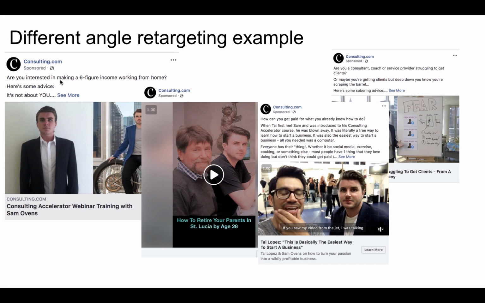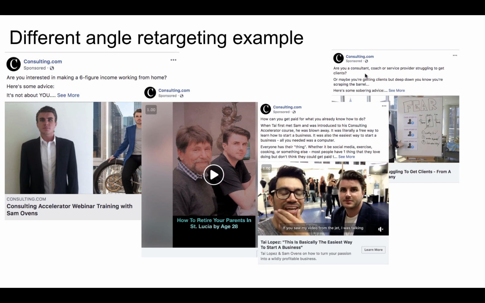Here: "Are you interested in making a 6-figure income working from home?" Some people are going to get really turned on by that, like wanting to work from home. That might appeal to a lot of people. And then right here, completely different angle: "How to retire your parents." That might be more valuable to a different group of people. And in this one: "How can you get paid for what you already know how to do?"